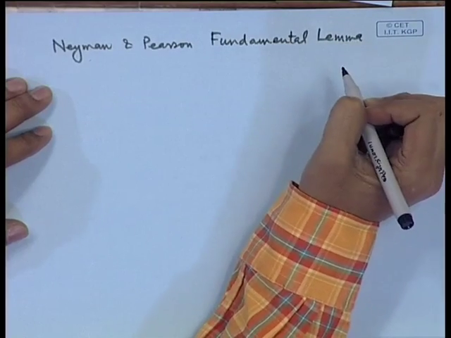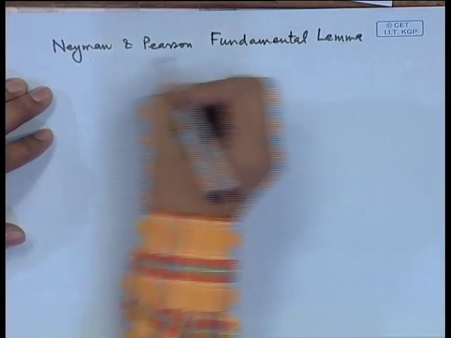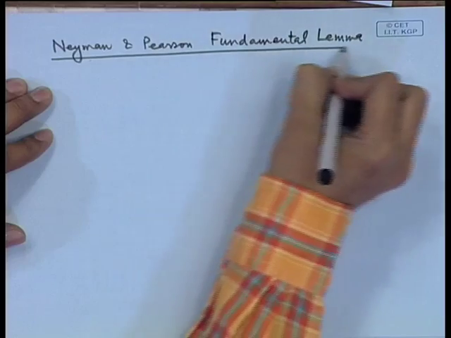Also it is called the NP lemma. This fundamental lemma, which was given in 1927 by statisticians Jerzy Neyman and Egon S. Pearson, initially dealt with the case when we have simple versus simple.